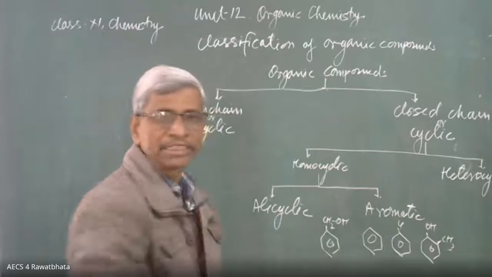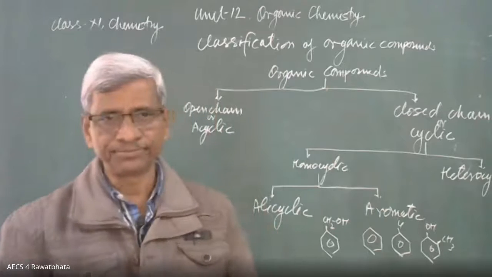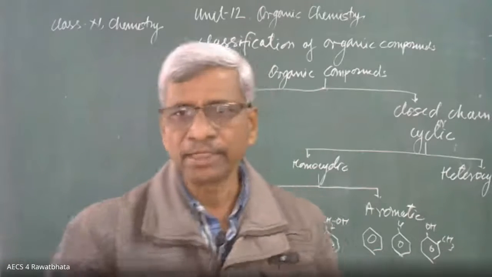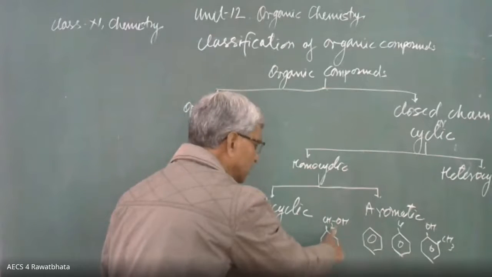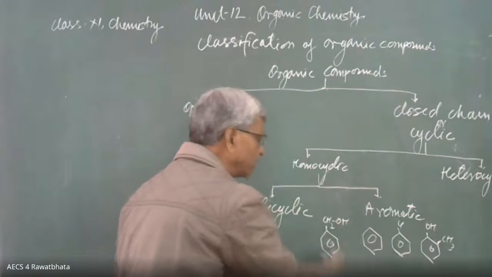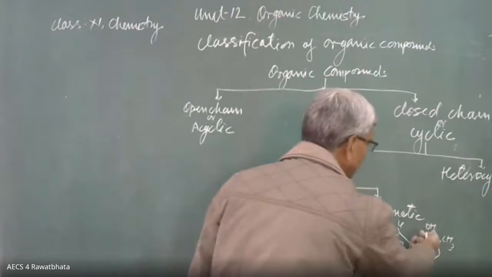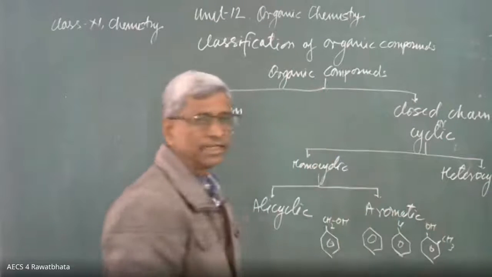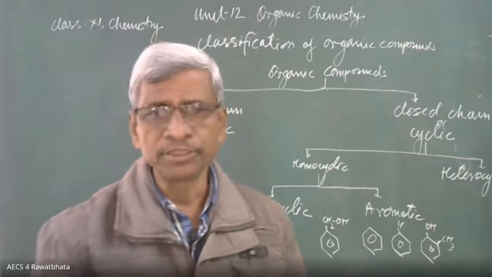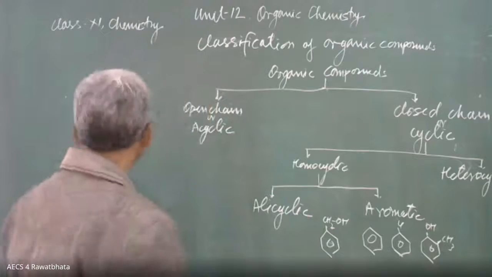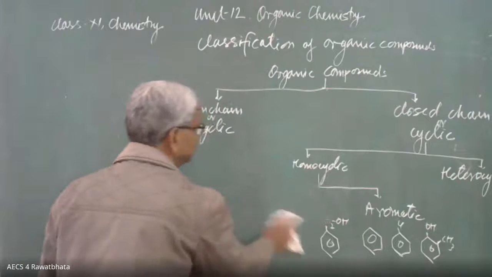These isomers have the same carbon, hydrogen, oxygen. One is aromatic, another is not. In this compound, OH is not directly attached to the ring, that's why it is non-aromatic. And in this compound, OH is directly attached to the ring, that's why it is aromatic. So this type of questions, this type of compounds will come in front of you later on.